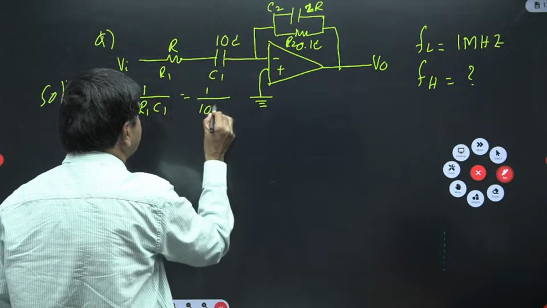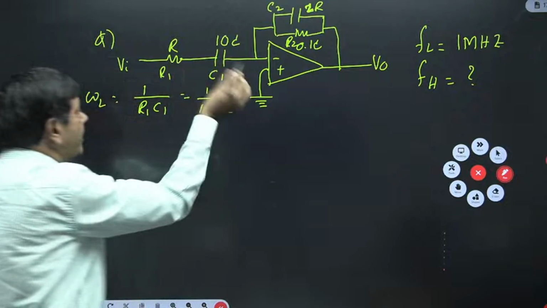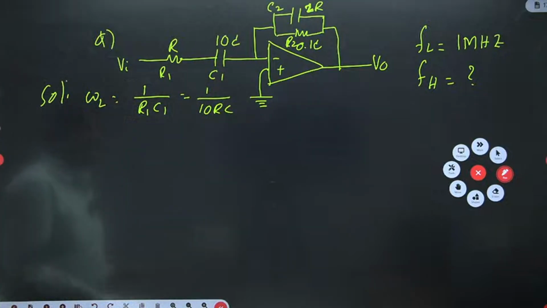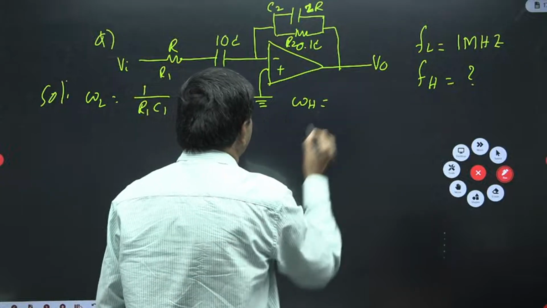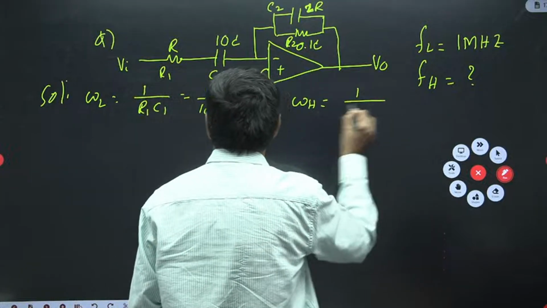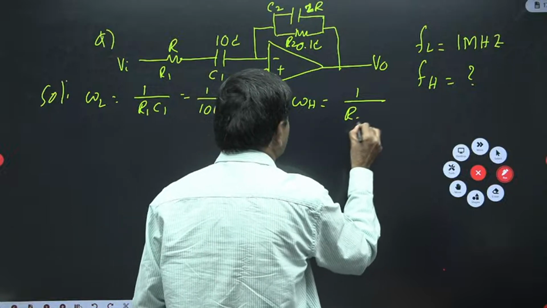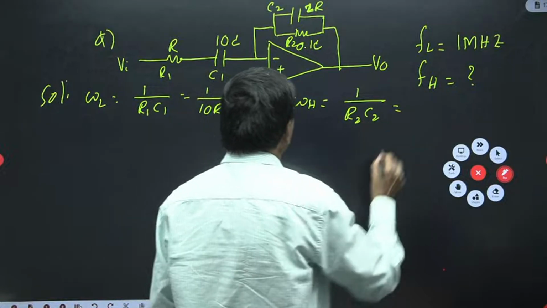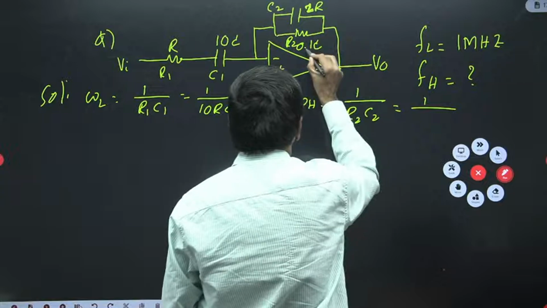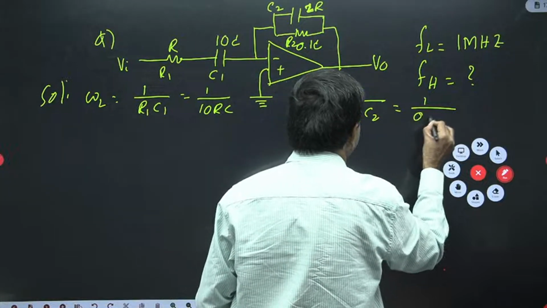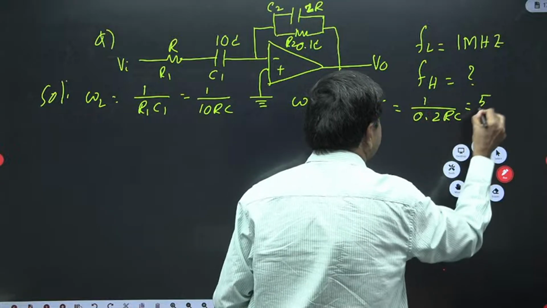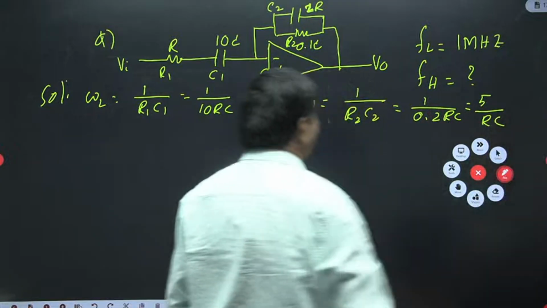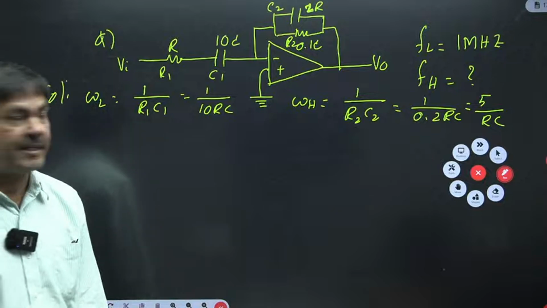And for the high cutoff frequency, we use 1 by R2 C2, which is 1 by 0.2 RC, that is 5 by RC, omega H.